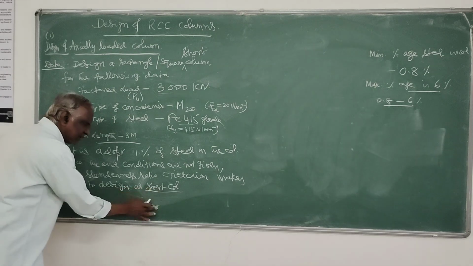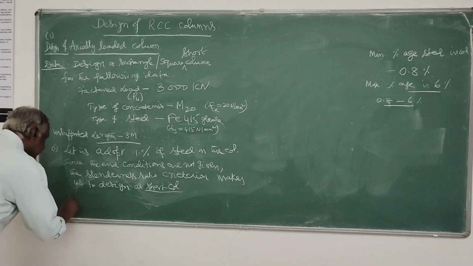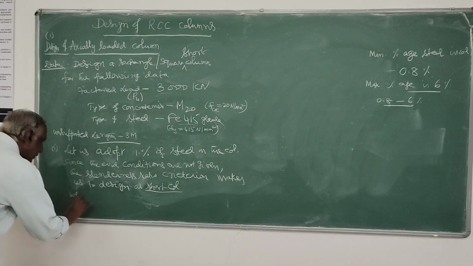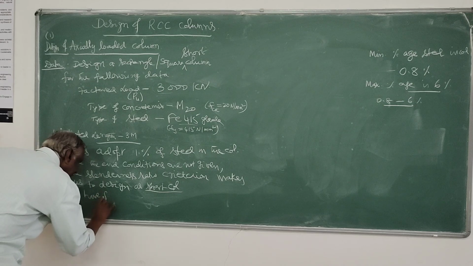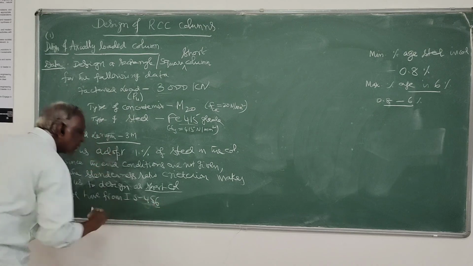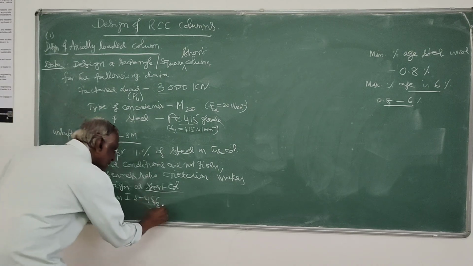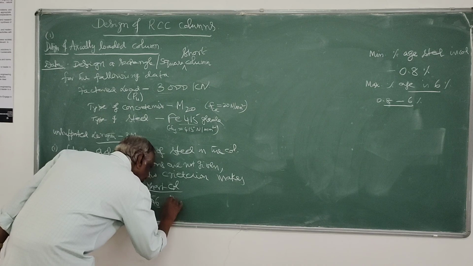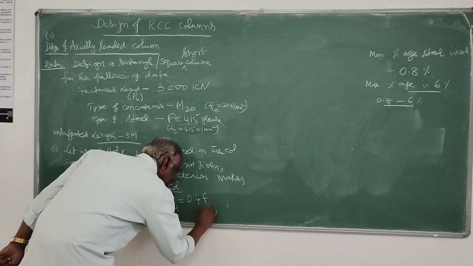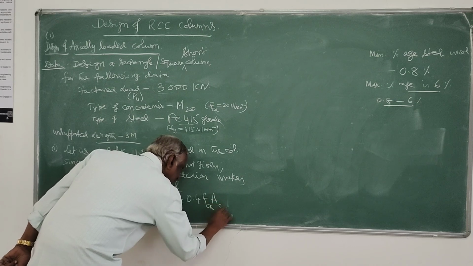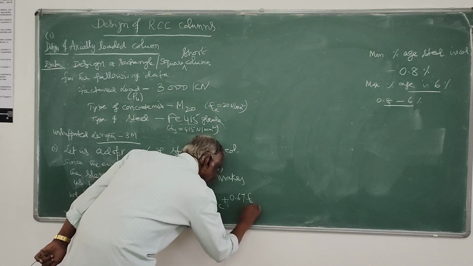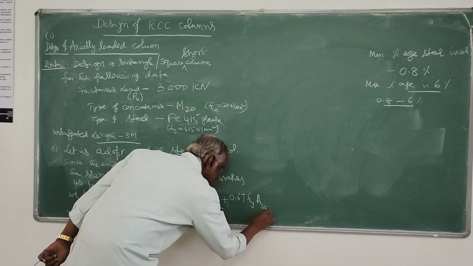When only a short column has to be designed, you can use the simplified formula given in the code. From IS 456, for this particular short column, Pu is given by 0.4 fck Ac plus 0.67 fy Asc.